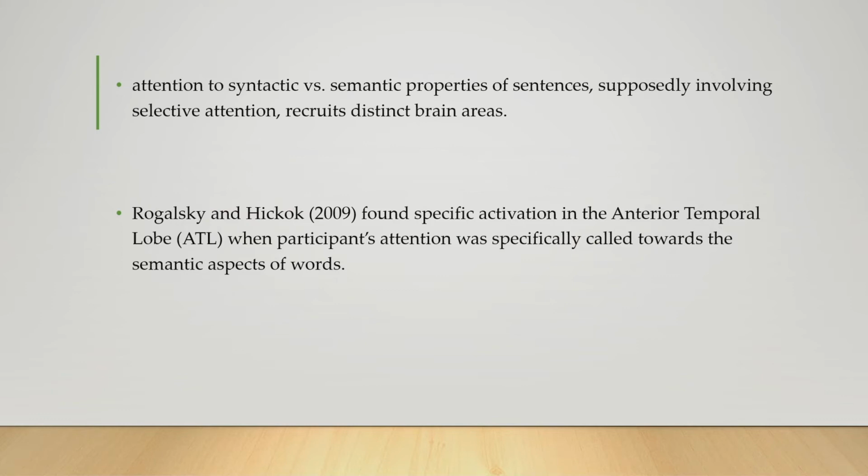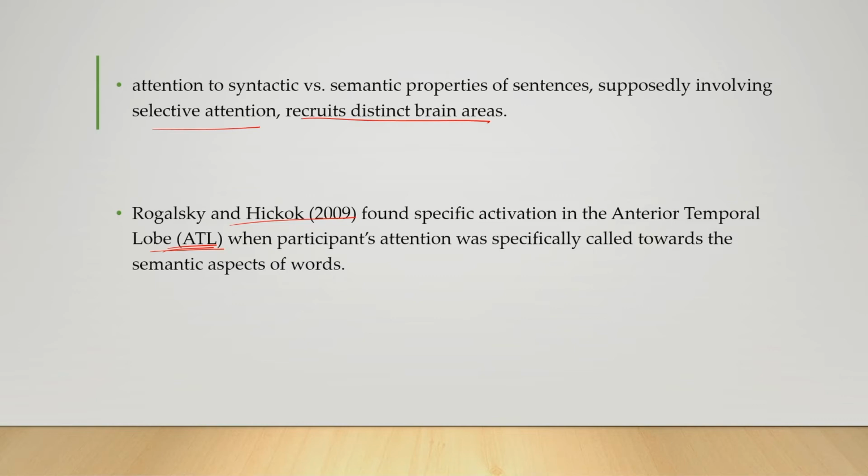Attention to syntactic versus semantic properties of sentences, supposedly involving selective attention, also recruits distinct brain areas. Rogalski and Hickok 2009 found specific activation of the anterior temporal lobe. This is the region that got activated when participants' attention was specifically called towards semantic aspects of the word.